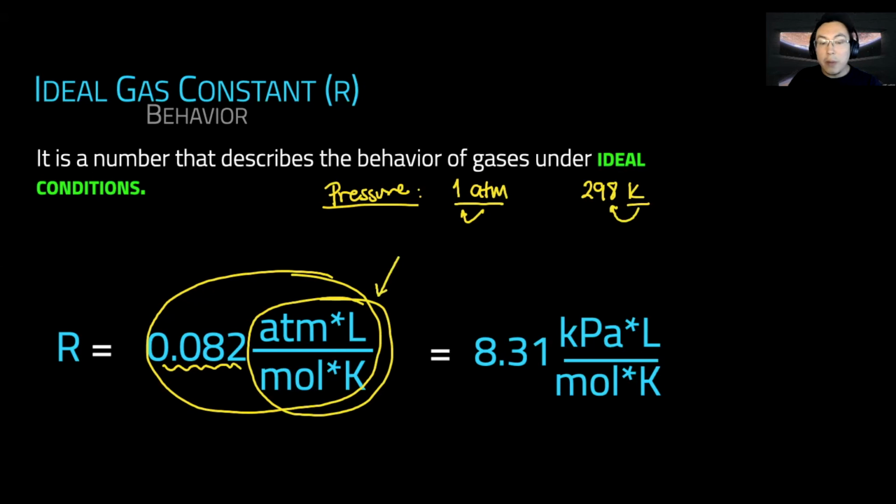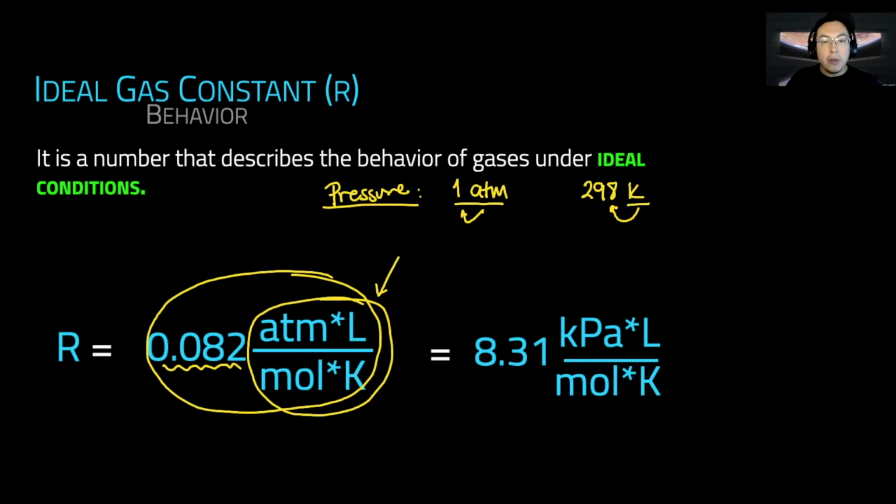This whole thing that we have in here, all of this represents the unit for our R. So you can include all of these units in your procedure or leave it out to the end. Either way is fine, but I'll show you one of the advantages of actually including the whole thing into your procedure so you can keep track of the units that are getting canceled and the final unit that your answer is going to be.